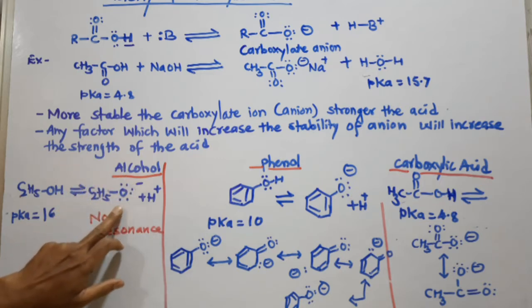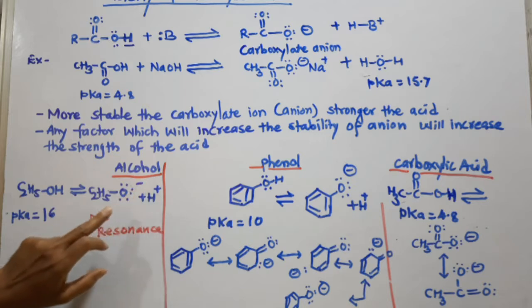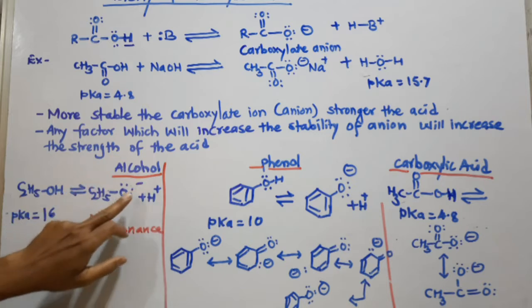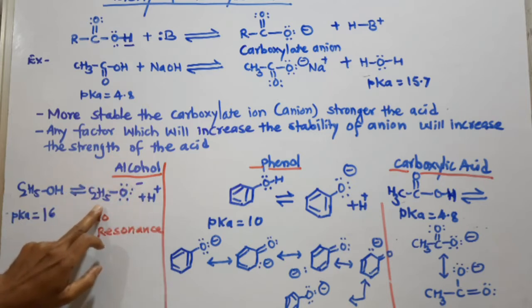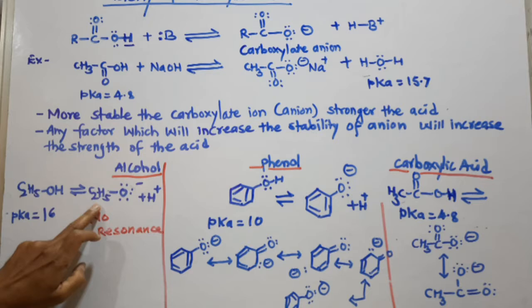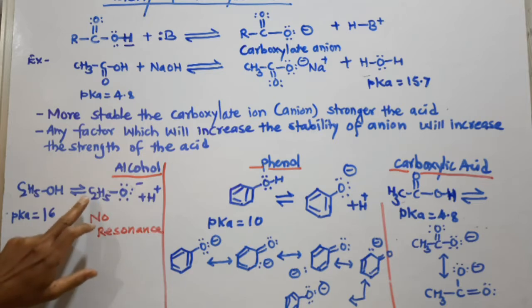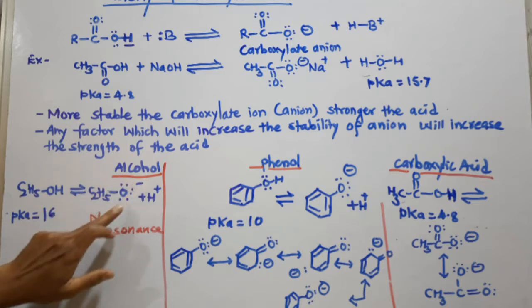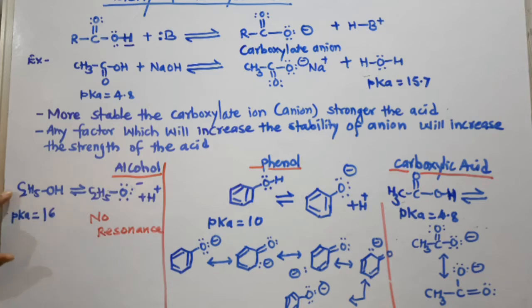Now see, this anion is unstable because of negative charge. Any factor which will reduce this negative charge will increase the stability. You cannot write any resonance structure in the case of this ethoxide ion, so it is unstable. If it is more unstable, it will not give a proton more easily. That means it is less acidic. Because of this, its pKa value is 16.